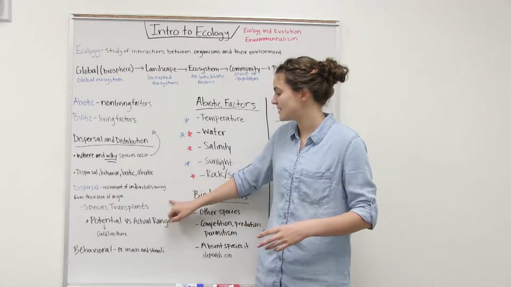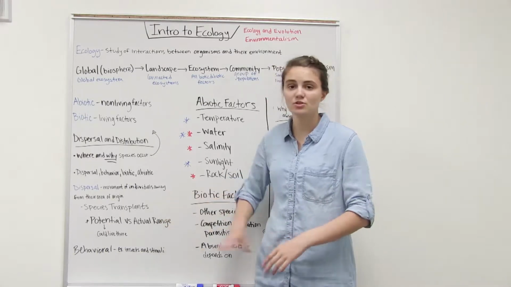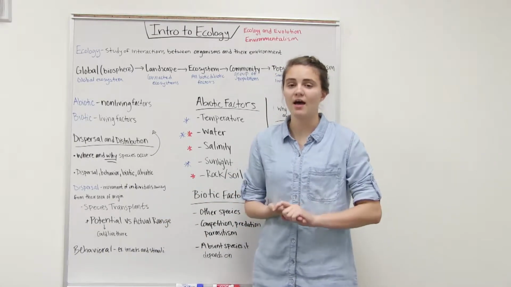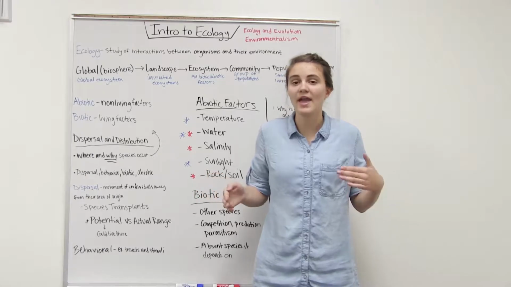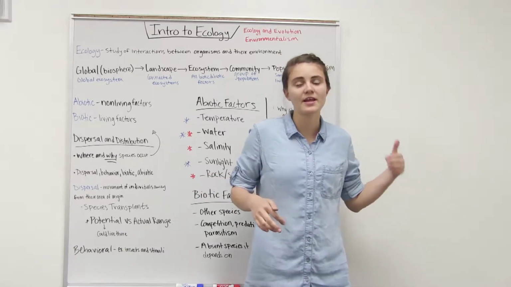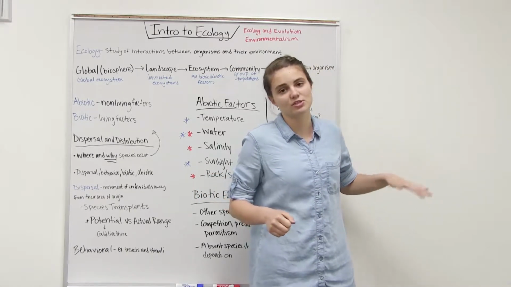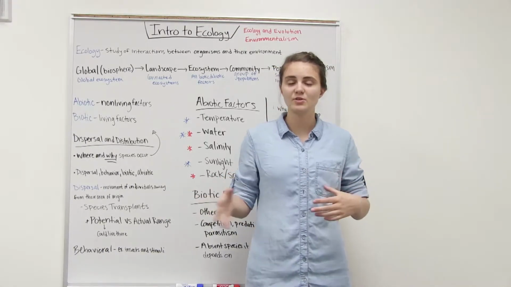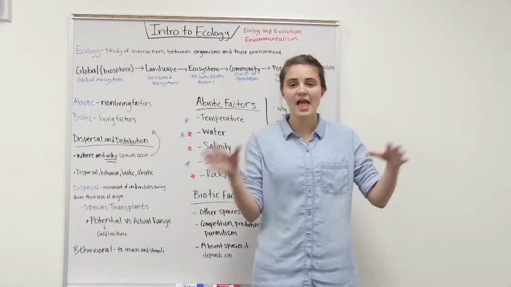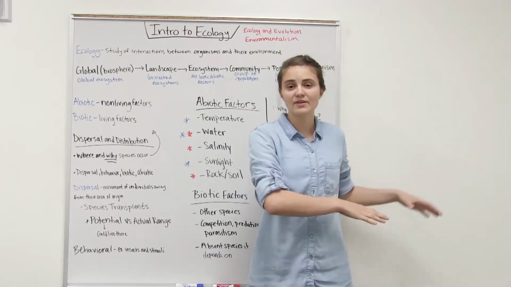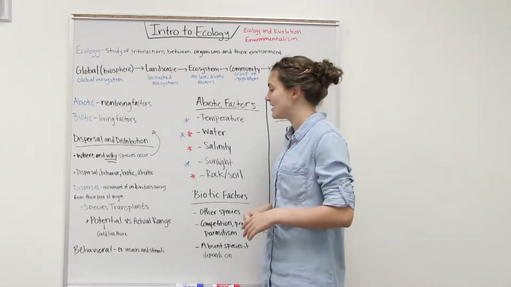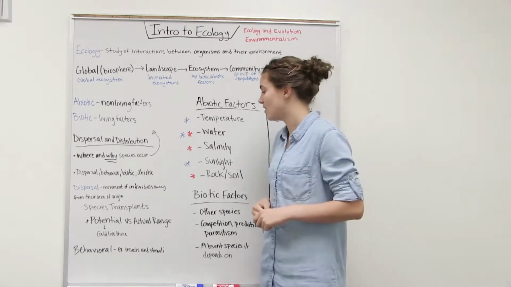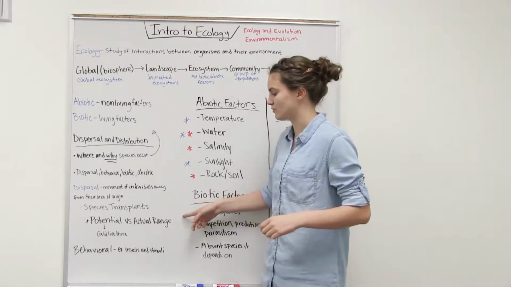And so when we test if dispersal is the only thing limiting, we want to know, hey, if we could overcome this dispersal barrier, is there anything else limiting, or is it just dispersal? So what scientists will do is they'll look at species transplants, and that's when we take a species and we move it to another area, and we see if it can survive in that area. And if it can survive in that area, then we know that the potential range is different than the actual range.